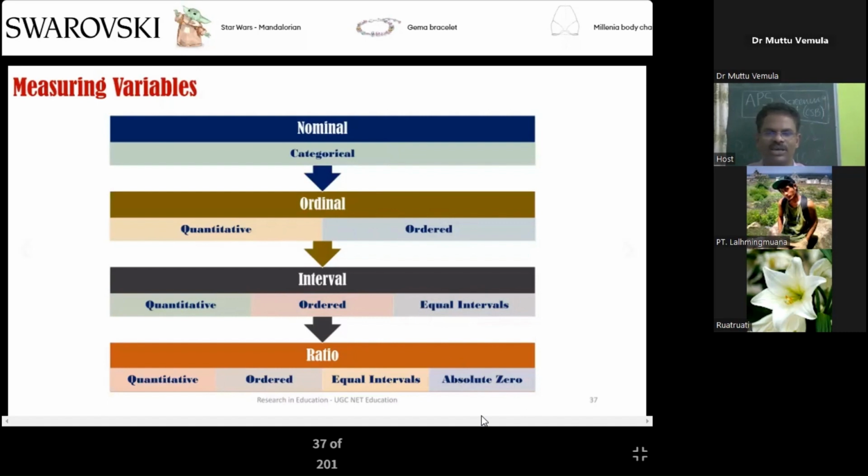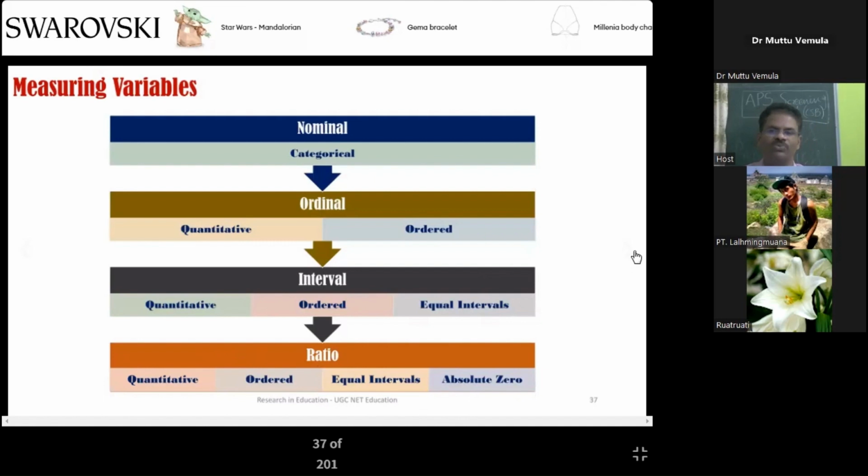As I was telling you yesterday, a student with IQ 70 and a second student with IQ 90, you can't add these two and say 160 IQ, therefore an extraordinary genius. You can't say because there is no absolute zero. But if one student's weight is 50 kgs and a second student's weight is 70 kgs, together their weight is 120 kgs. That's what absolute zero is. Numbers can be added, subtracted, multiplied. In that case, we call it ratio.